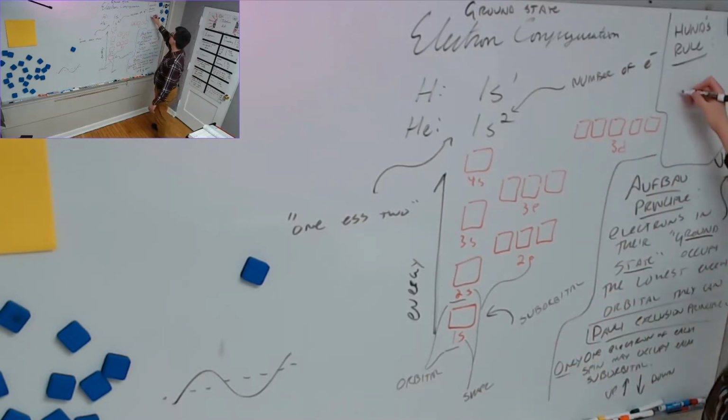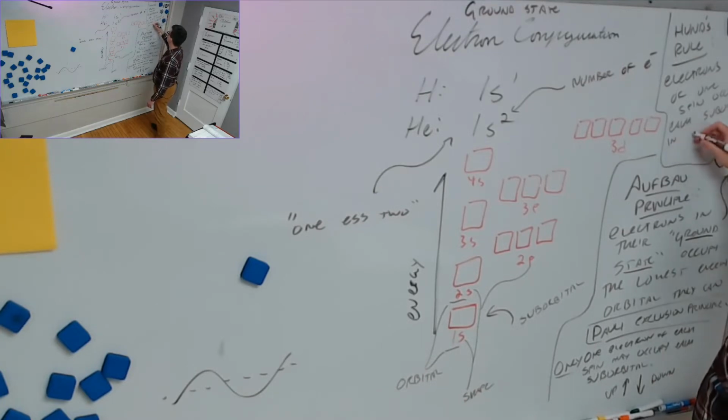Hund's rule is that electrons of one spin occupy each suborbital in an orbital before any of the other spin. I just barely had enough room.